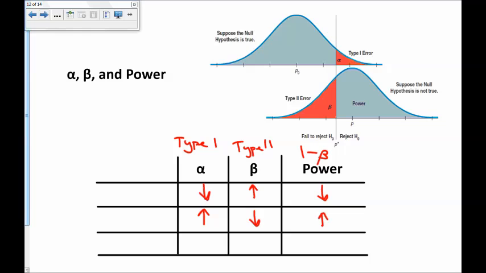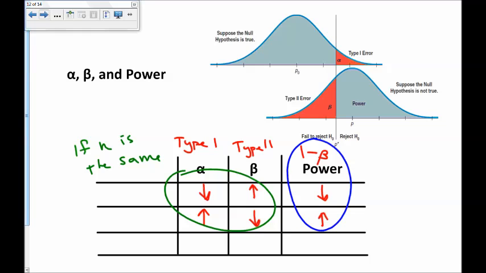So notice that as long as your sample size is the same, alpha and beta have these inverse relationships, and the power will move in the same direction as alpha. So as long as the sample size is the same, decreasing the alpha level will decrease the power, and increasing the alpha level will increase the power.